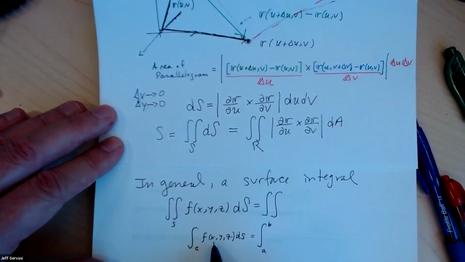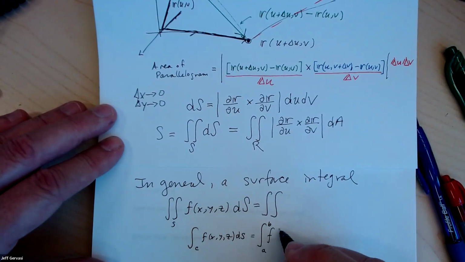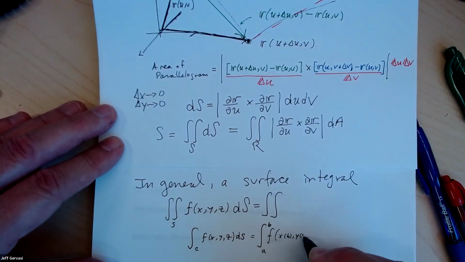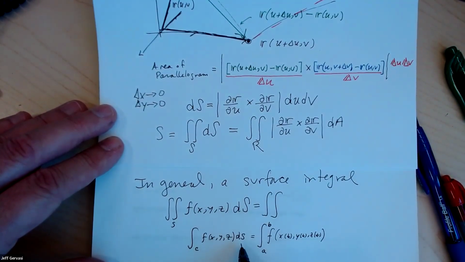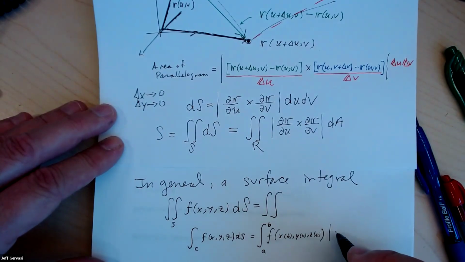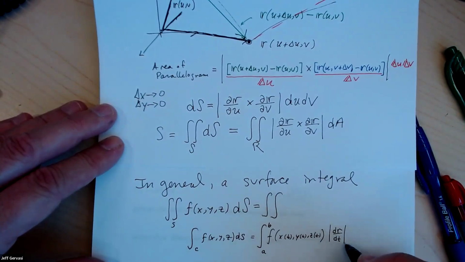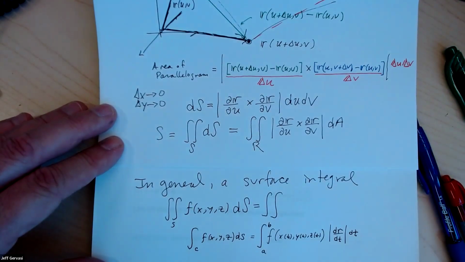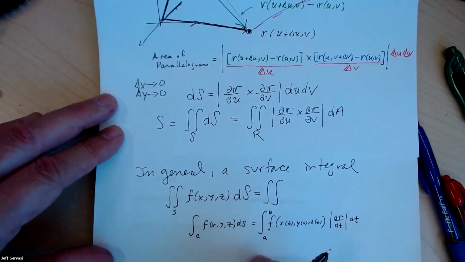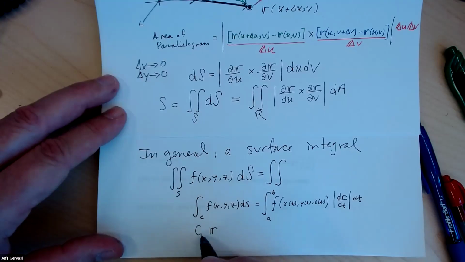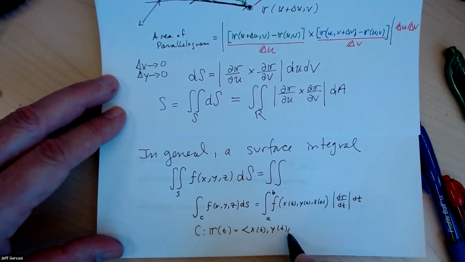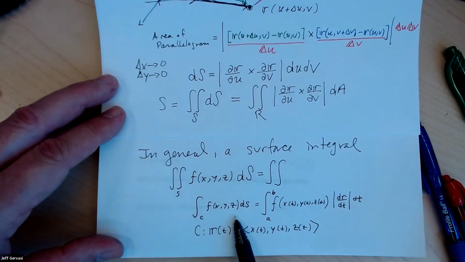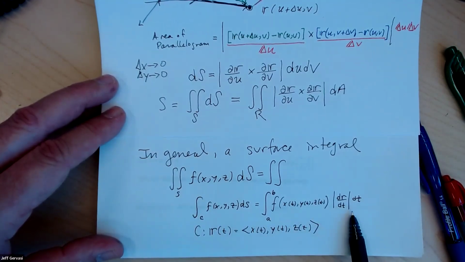The parametric equations for X, Y, and Z. The differential element of arc length. And the curve C, of course, is given by the vector valued function r of t like this. That's how you evaluated scalar line integrals. You put them in parametric form.